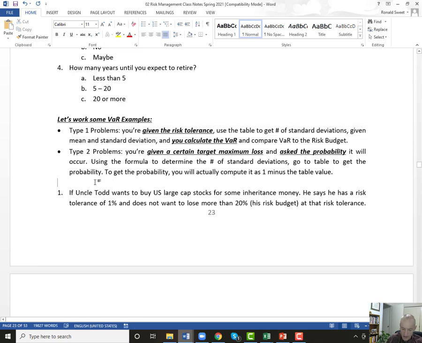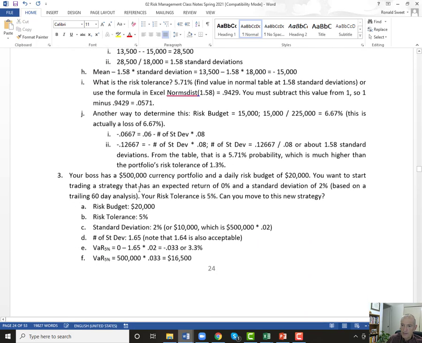Remember, on the second one, you put your risk budget in, either in percent or in dollars, and that's going to equal your mean minus the number of standard deviations times your standard deviation. This will be given. This will be given. And what you're going to do is calculate that, and then you go find that in the table, and that will get you your risk tolerance. Okay, so be able to go either direction with these problems, and you'll have plenty of places to practice them.